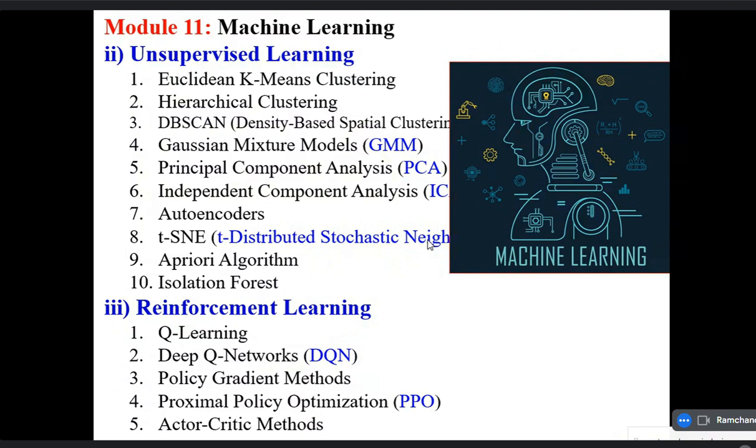Then we are going for a reinforcement learning approach. What is meant by reinforcement learning approach? Sir, based on punishment and reward, we are solving the problems. Based on the errors, we are rectifying and we are solving problems like gaming applications especially.